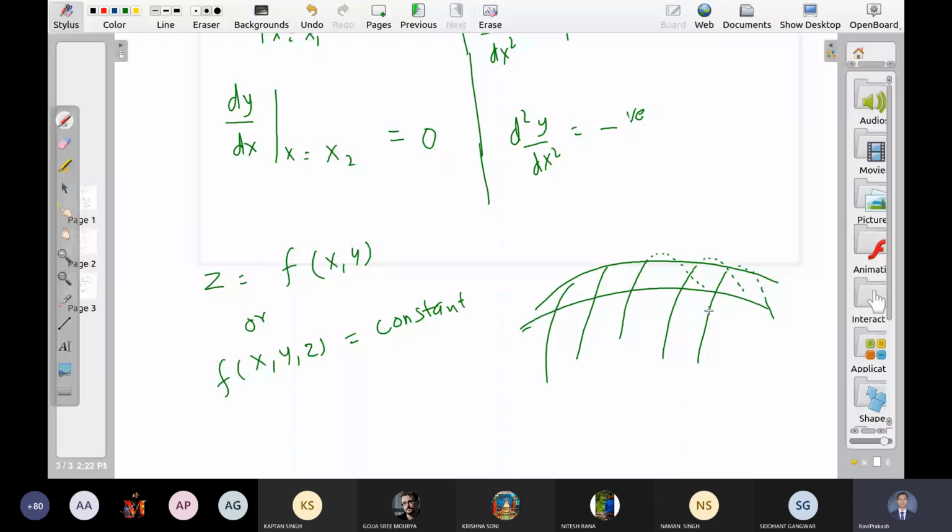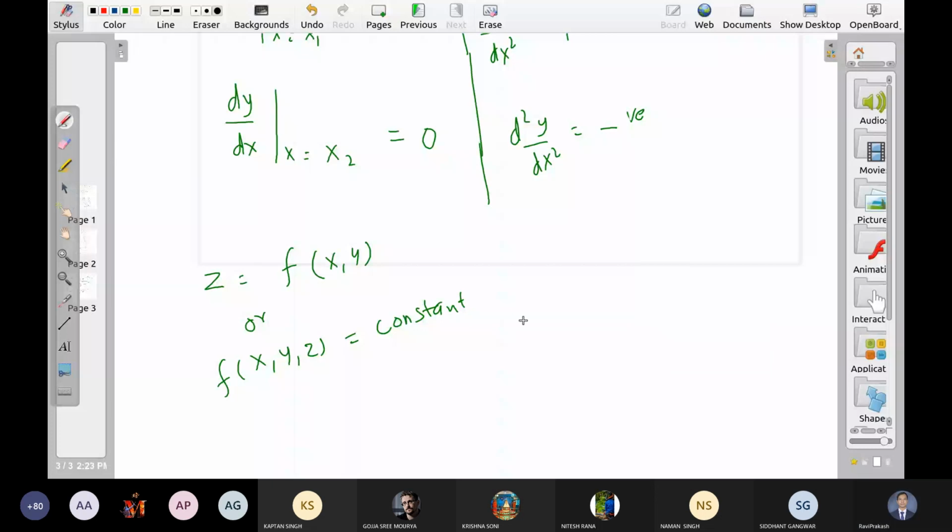Sorry, it's not quite good. So I'm just drawing some curves, and you can imagine the surface which looks like this.